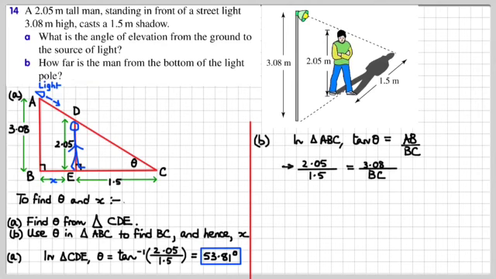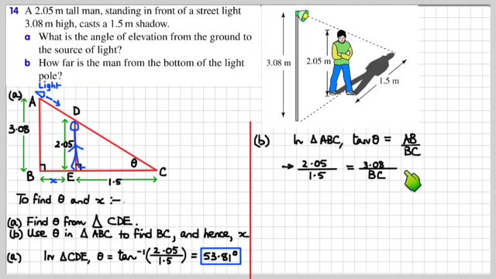The ratio tan theta, 2.05 over 1.5 in the small triangle, will be the same in the big triangle, so we can just use that ratio, no problem.